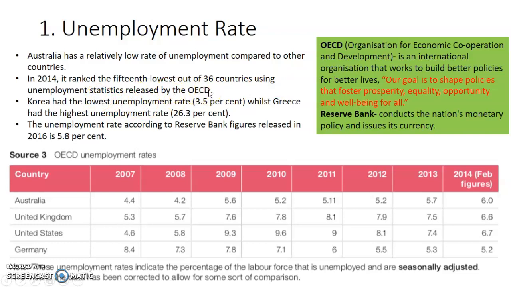So we are definitely not the best, but we are not the worst either. We are in the middle of the unemployment rating. Korea had the lowest unemployment rate, 3.5%, whilst Greece had the highest unemployment rate at 26.3%.